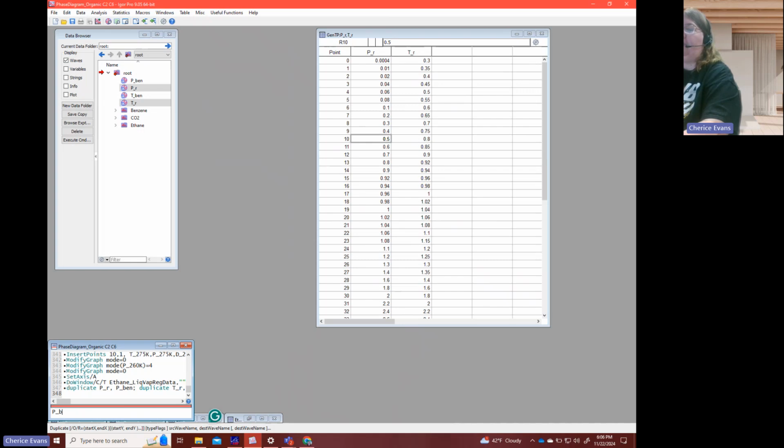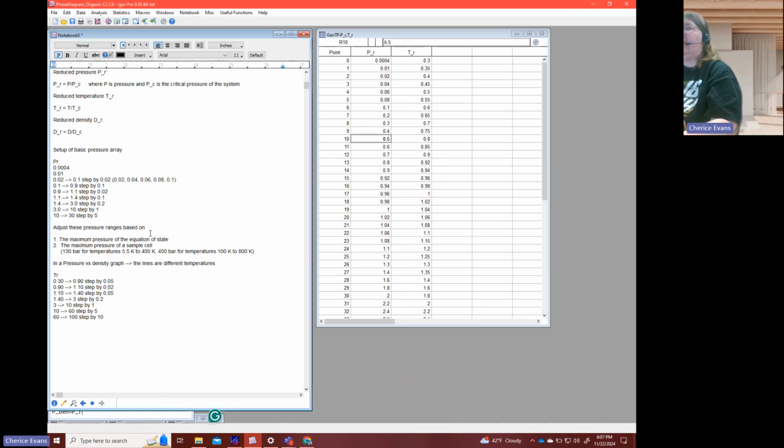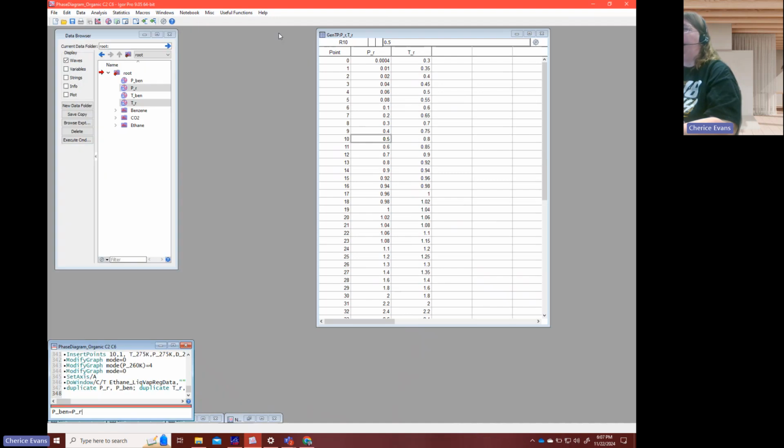Now, the pressure for benzene will equal the reduced pressure. If I want to take a reduced pressure and convert it to a real experimental pressure for a fluid, I need to take the reduced pressure and multiply it by the critical pressure. Same for temperature, and that's what I'm about to do.